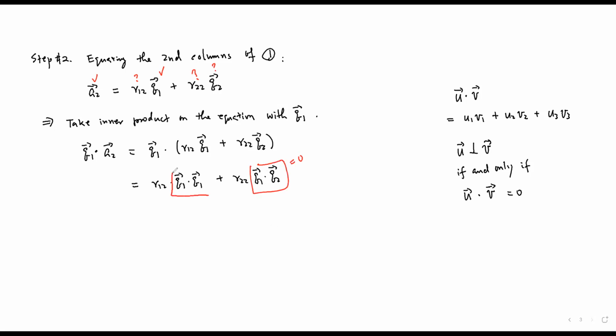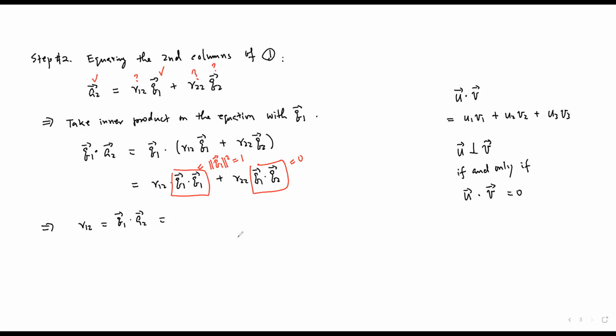How about this inner product? This inner product is equal to the length of Q1 squared. The length of Q1 is 1, so this is 1. Therefore, from this equation, we have R12 is equal to Q1 dot A2.